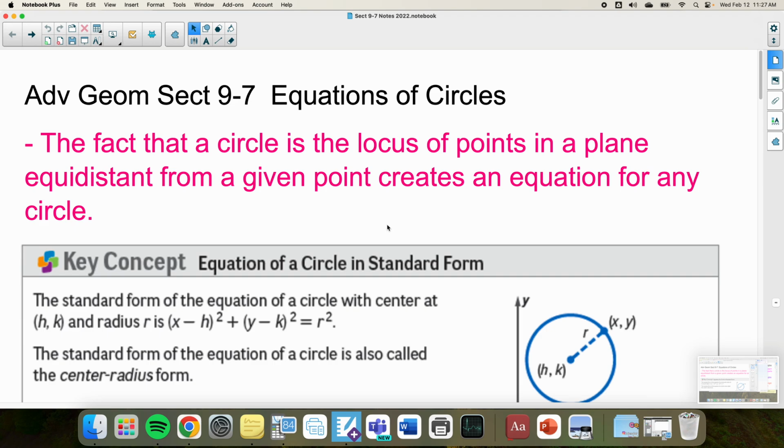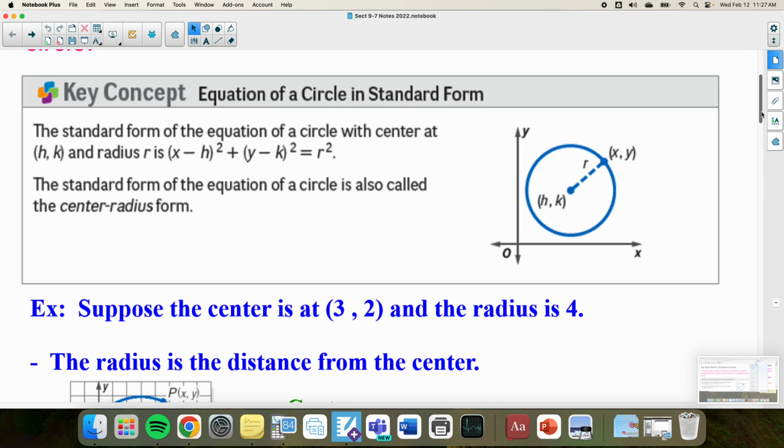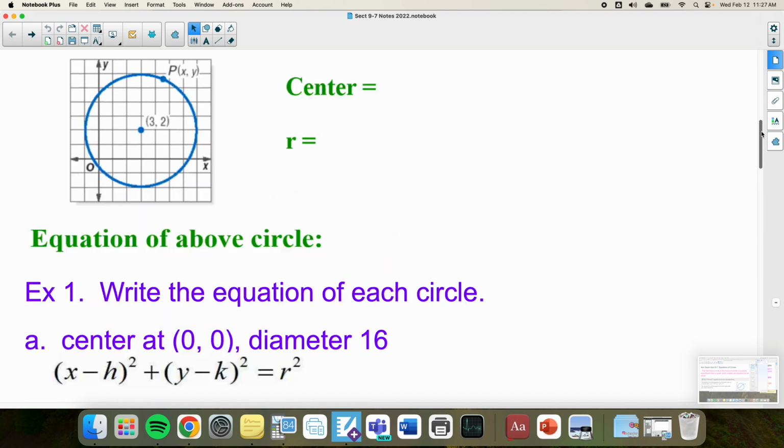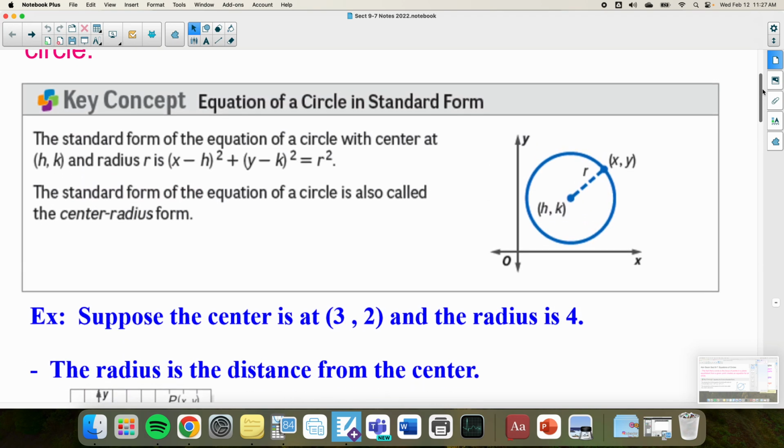I'll have to give you some graph paper when you're doing your assignment today so that you can graph the circles. So first of all, the generic equation for a circle is right here, okay?